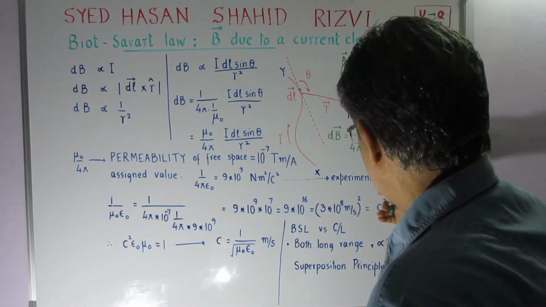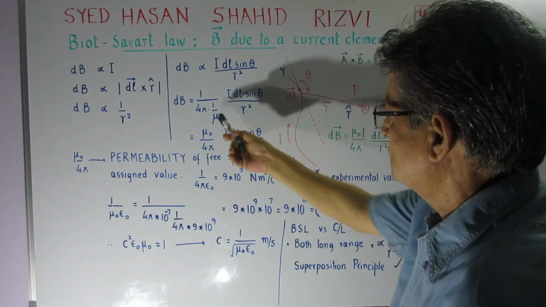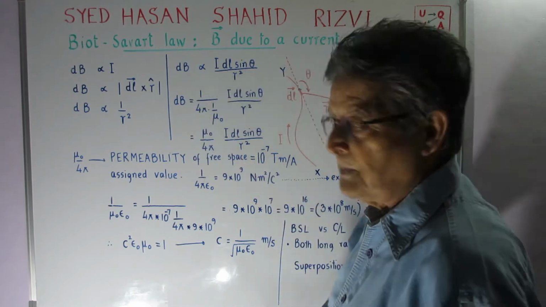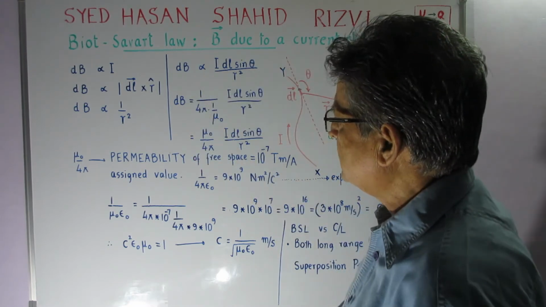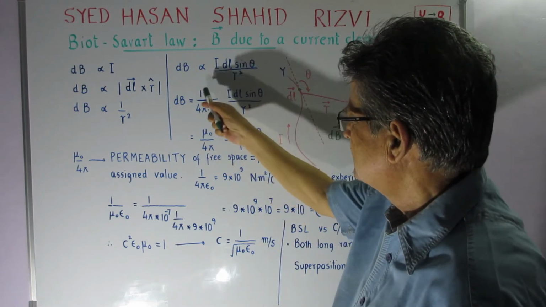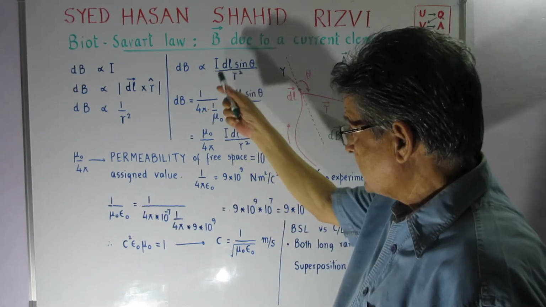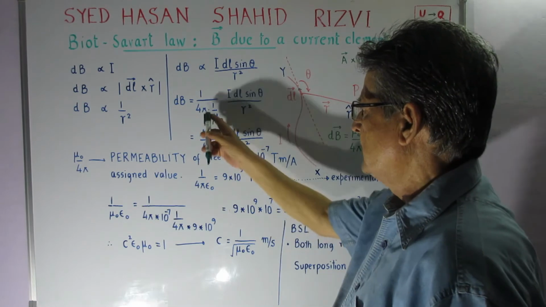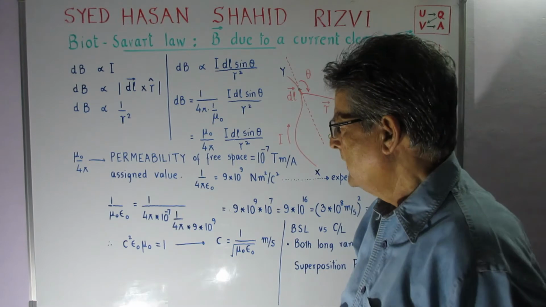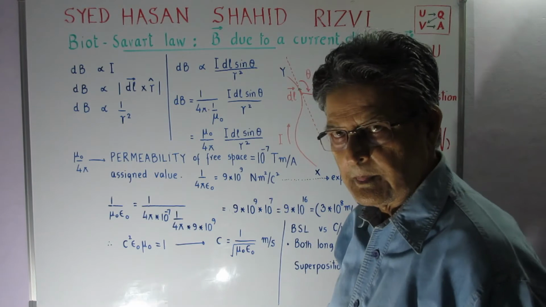And of course, the vector dB will be equal to, okay, let me introduce this thing first. So dB becomes equal to, according to the rules of direct proportionality, a constant times I dl sine of theta upon r square. This constant I am writing as 1 upon 4 pi into 1 upon mu naught. Okay. Which will become equal to mu naught upon 4 pi.